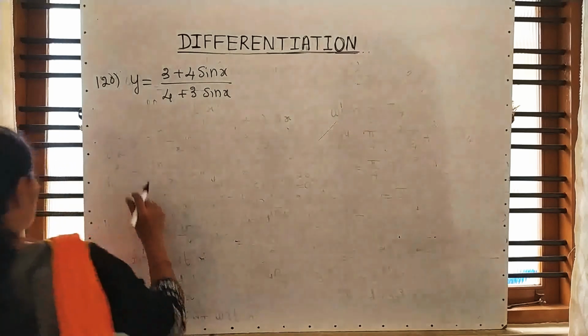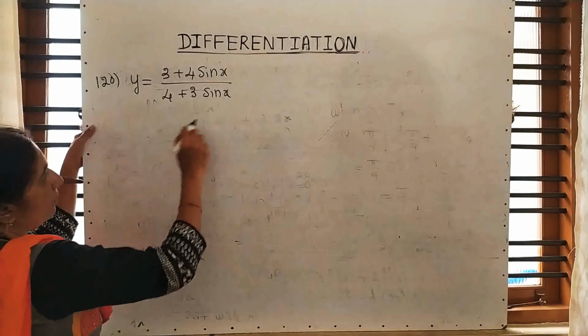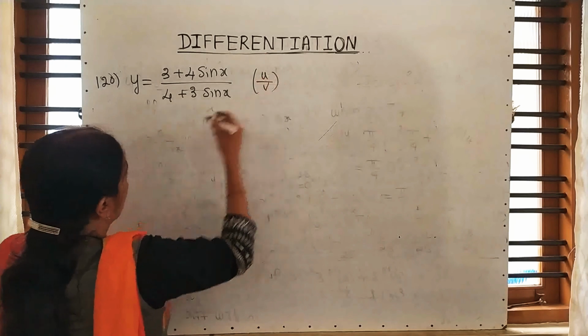See, the terms are same but their coefficients are different. Which method? U by V method.